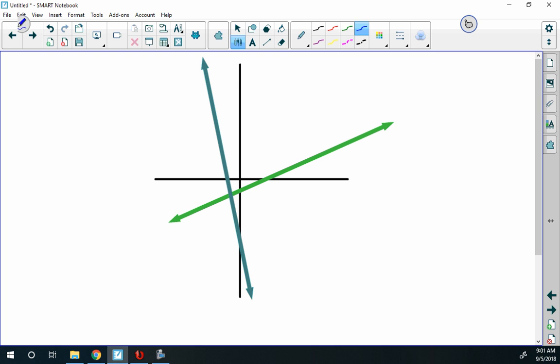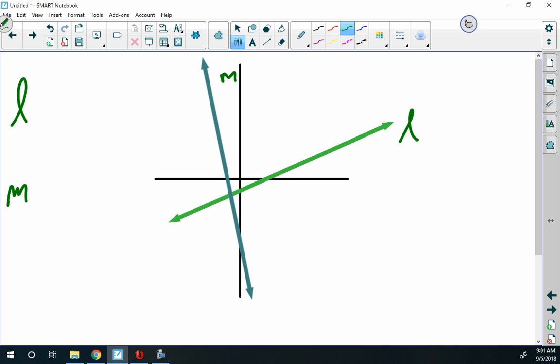So we'll go ahead and call this line L and line M. Everybody see what I got going on there? Now keep in mind, slope is the measure of the steepness of a line.